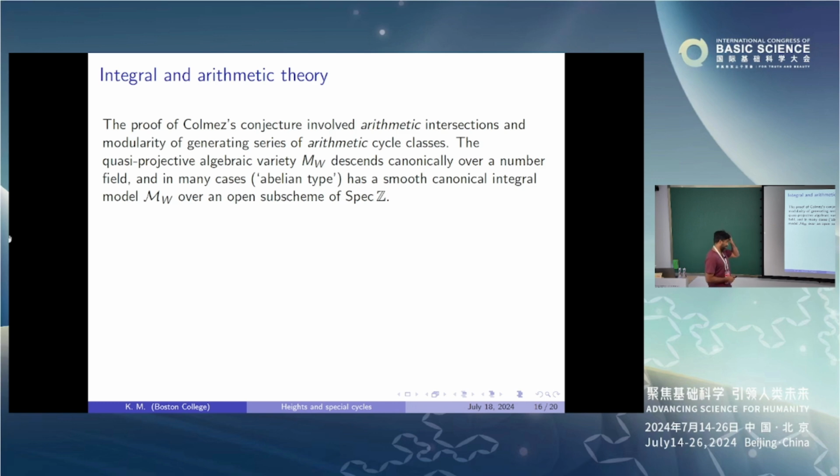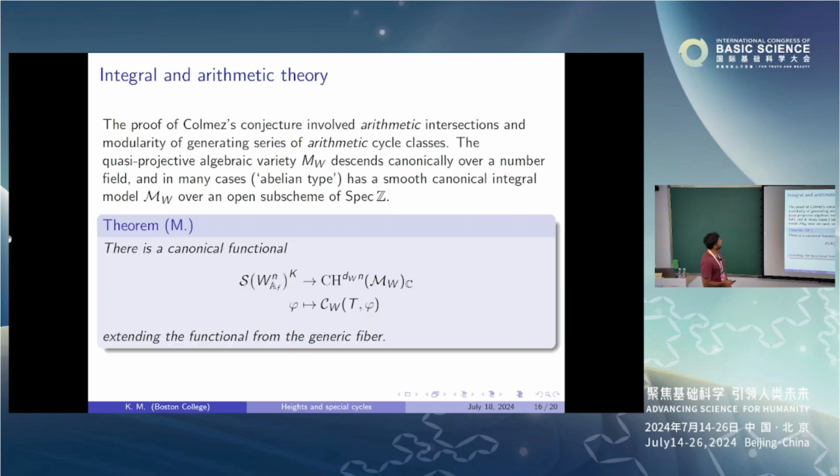And over the past many years, maybe 10, 15 years, there's been a lot of progress in constructing integral models for these objects. And so in particular, there's this condition called abelian type, which means essentially it's some moduli of motives that come from abelian varieties. In that situation, you have an integral model.